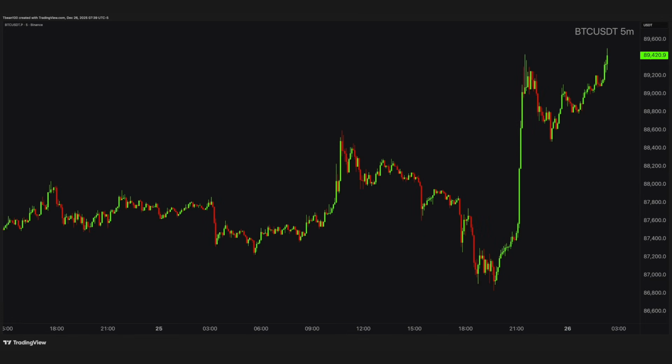Let's take a look at this 5-minute Bitcoin chart and do a bit of simple brainstorming together. At first glance, you can clearly see this very obvious support and resistance flip area on the chart. If you look lower on the chart, the market was crashing hard, but then turned around after this market structure break, which triggered a very strong bullish reaction.